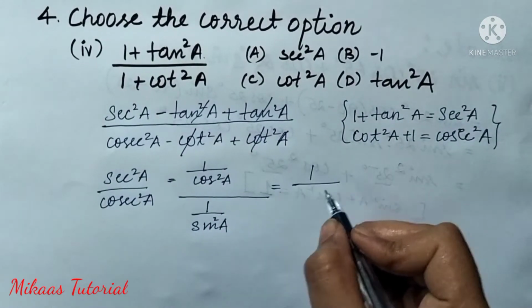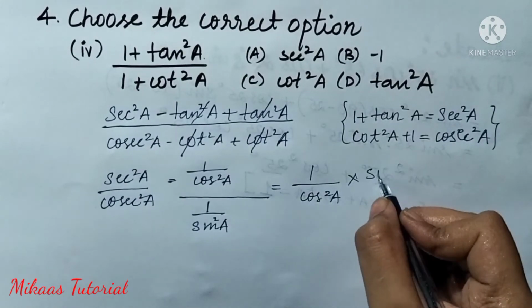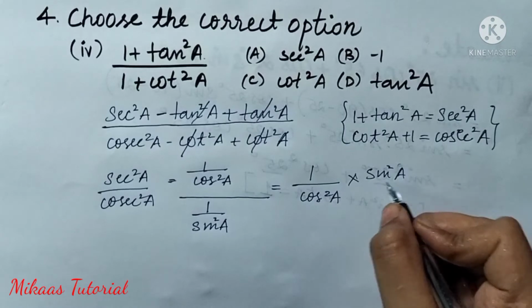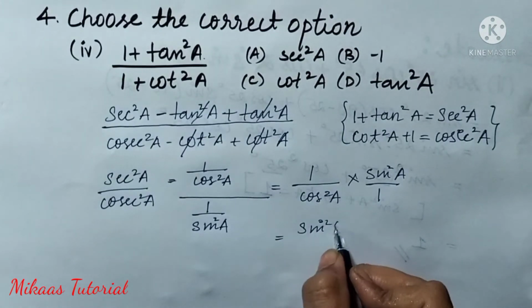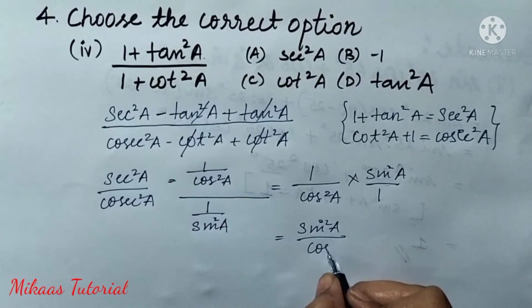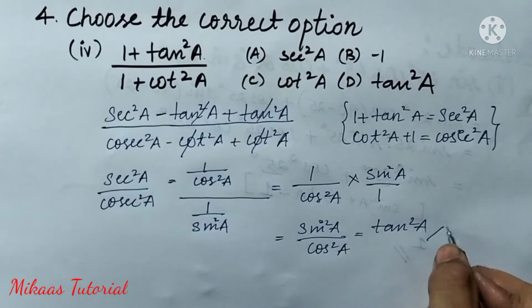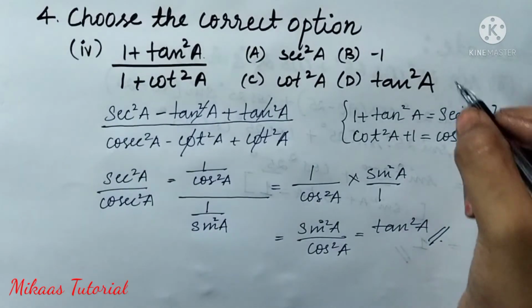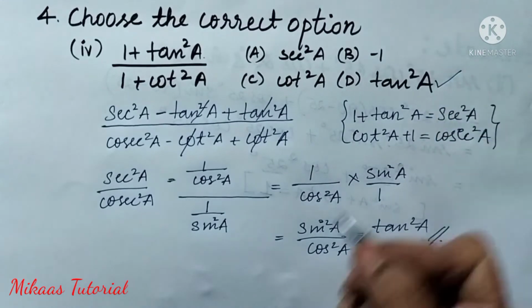Take it as reciprocal. 1 by cos square a into sine square a divided by 1. That is sine square a by cos square a, which is equal to tan square a. Now this is the answer which we got, and we can select the option which is matching, that is D, tan square a.